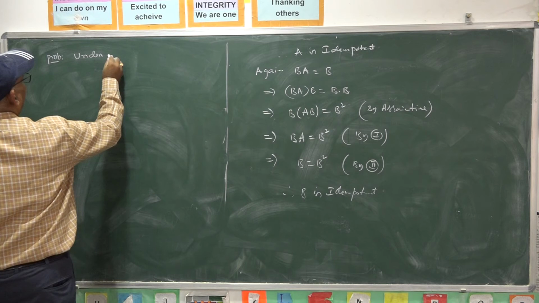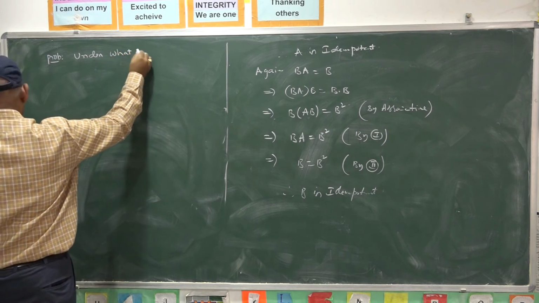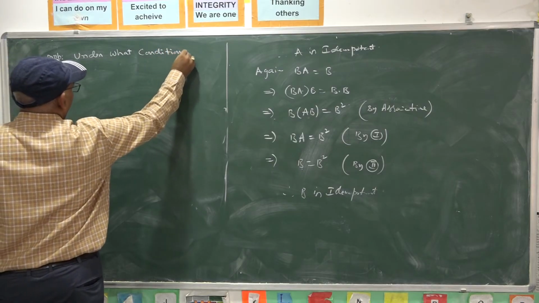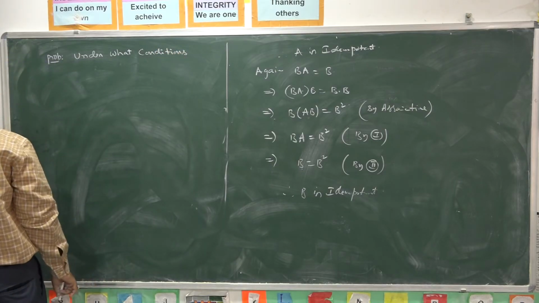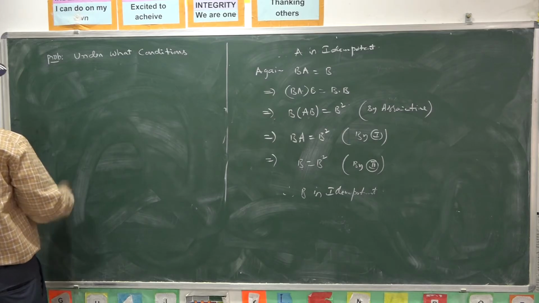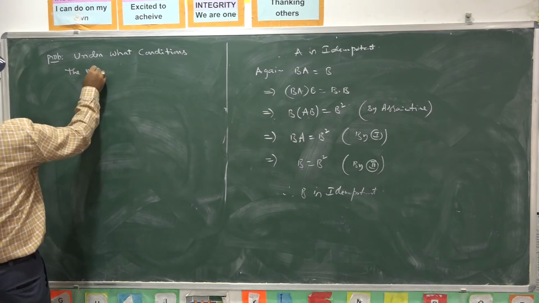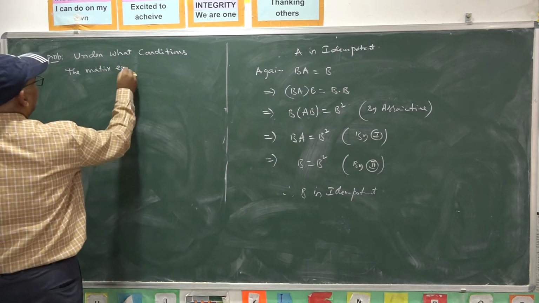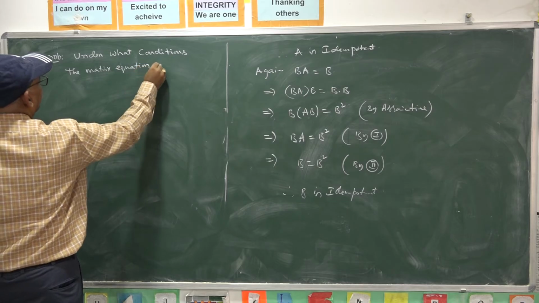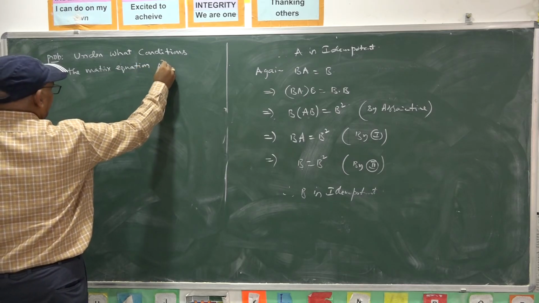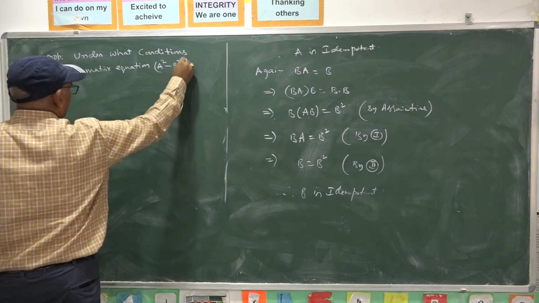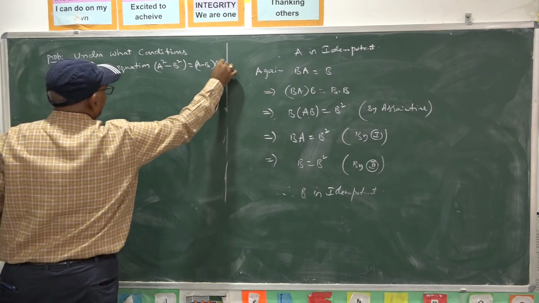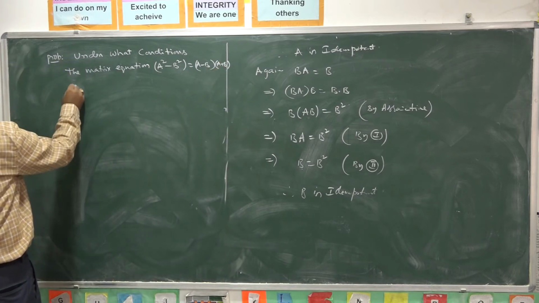Next problem. Under what conditions is the matrix equation A square minus B square equal to A minus B into A plus B true?